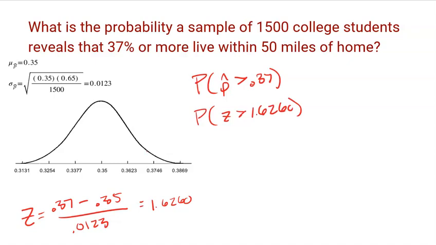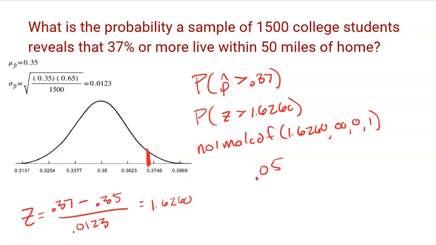Again, that's hovering right around here. I need to use normal CDF on my calculator to do so. I'm going to go from 1.6260 to infinity, mean of 0, standard deviation of 1. 1.6260 to 99. Remember, on my calculator, I'm going to type infinity as 99. 0.0520. There's about a 5% chance that a sample of 1,500 kids comes back 37 or more.